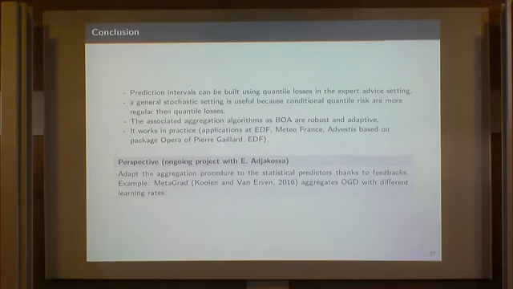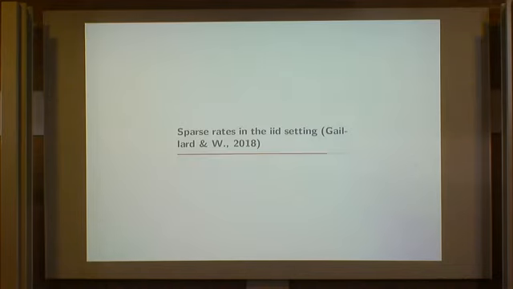So maybe I have some time, and I would like to show you another application. We were talking about how to use experts, how to use aggregation to produce or to adapt experts.